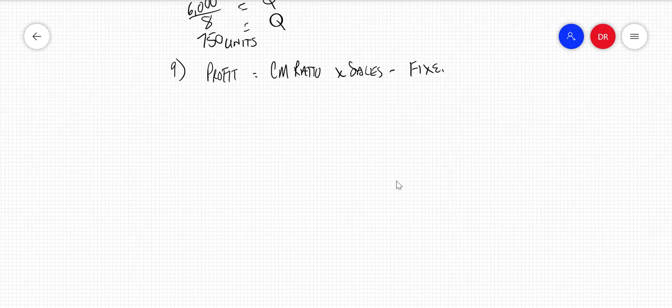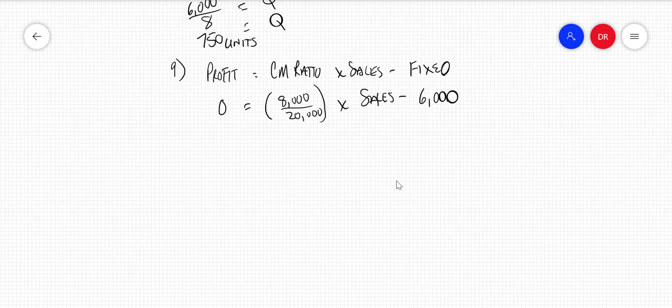So when we have the profit set at 0, the contribution margin ratio is going to be 8,000 divided by 20,000. Remember? Times sales. We don't know what sales is. We'll find out. Minus fixed cost of 6,000.